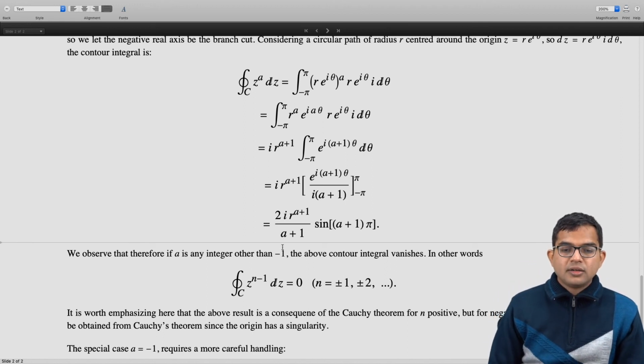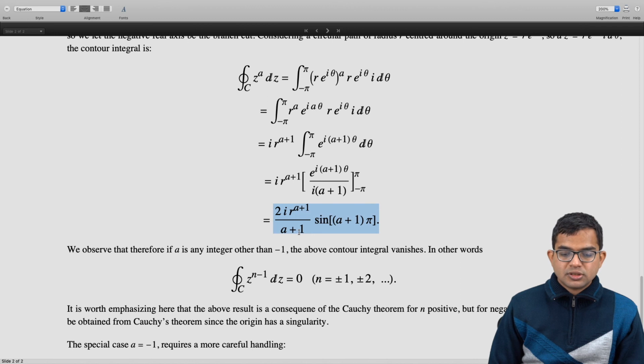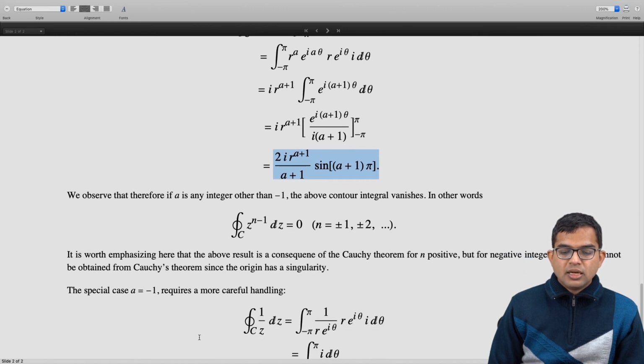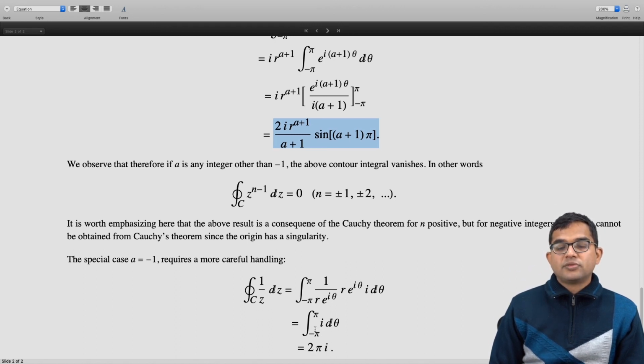But here we see that, using this general approach, we can start with a equal to minus 1, and then in place of 1 over z, we write 1 over r times e to the i theta. Then dz becomes r times e to the i theta times i times d theta. So this r times e to the i theta actually just cancels, and then you're left with just i d theta, and so you get 2 pi i, right?